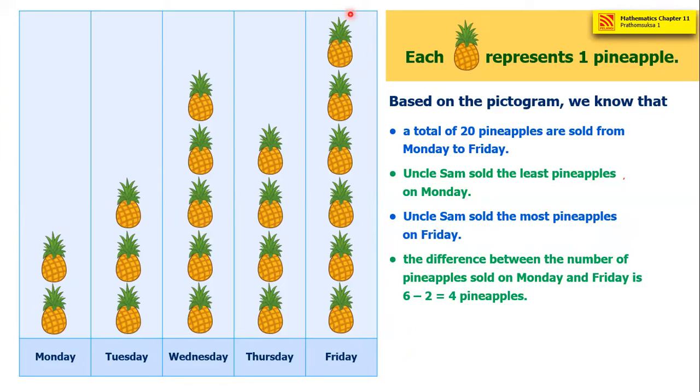We take the 6 and we take away 2, and if we crossed out 2, we'd have 1, 2, 3, 4. So the difference between Friday and Monday is 4. 6 minus 2 equals 4. The difference between the most and the least.